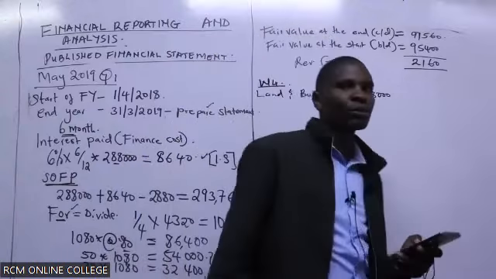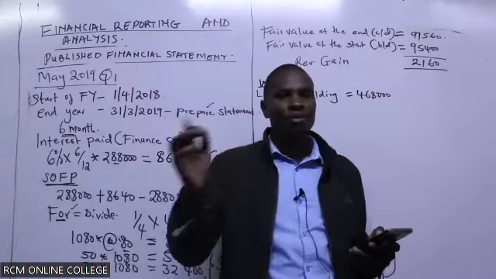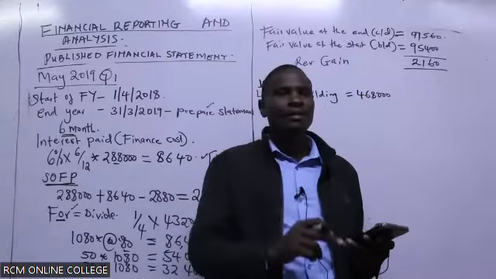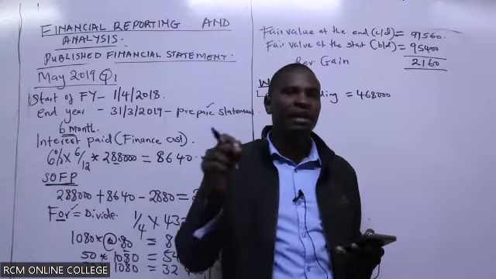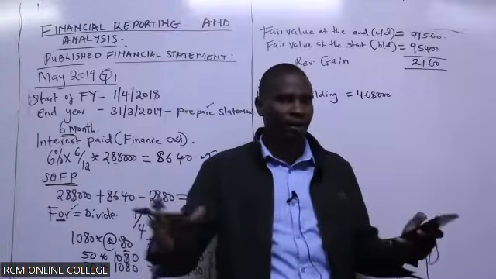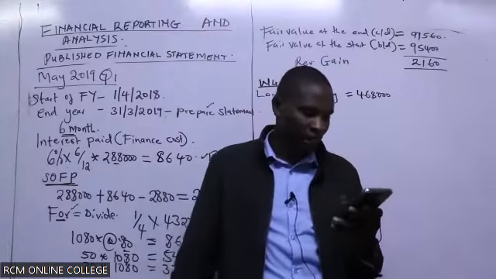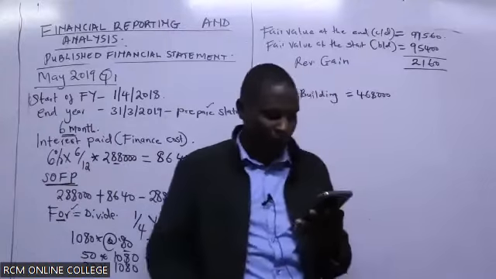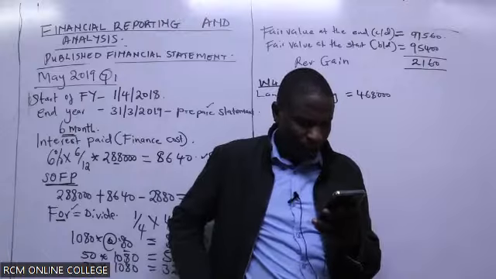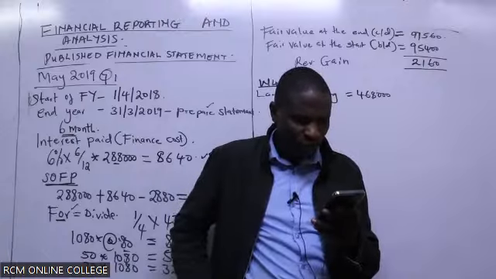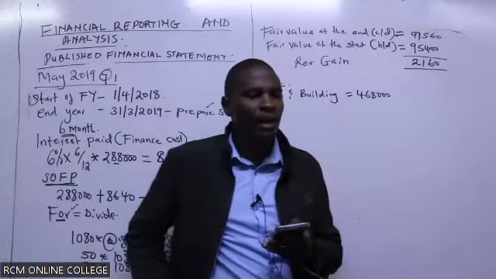I want us first of all to separate this. There's no way we can work with the two. Remember, land does not depreciate, it appreciates. Building can depreciate. Therefore, we have to separate. From that value of the two, we have to separate. And we are given information to help us separate. Below there, we are told that the valuation in the trial balance includes land element of 108 million.